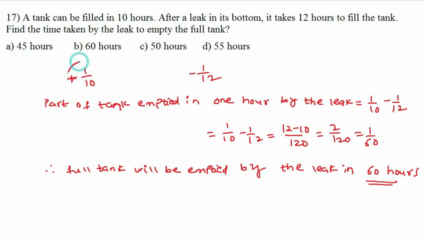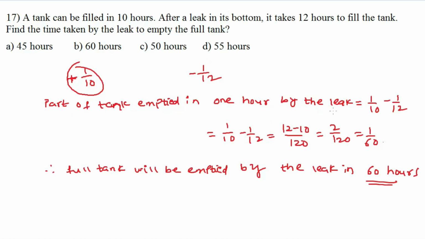A tank can be filled in 10 hours. A part of tank filled in 1 hour before the leak is 1 by 10. After leak in its bottom, it takes 12 hours to fill the tank. A part of the tank filled in 1 hour after the leak is 1 by 12, so minus 1 by 12.